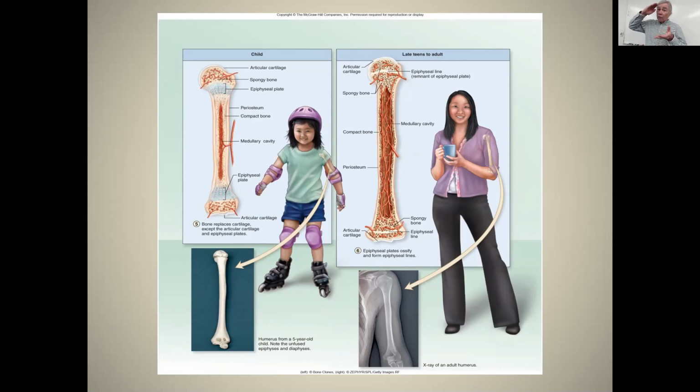But eventually, the ossification catches up, so you're making new hyaline cartilage in the epiphyseal plate. But then on the edges, you're laying down bone, and after a while, the bone making catches up to the cartilage making and overwhelms the cartilage making and turns the epiphyseal plates into bone. And then they become an epiphyseal line, and you are not getting any taller. That's it, right? Once that happens.